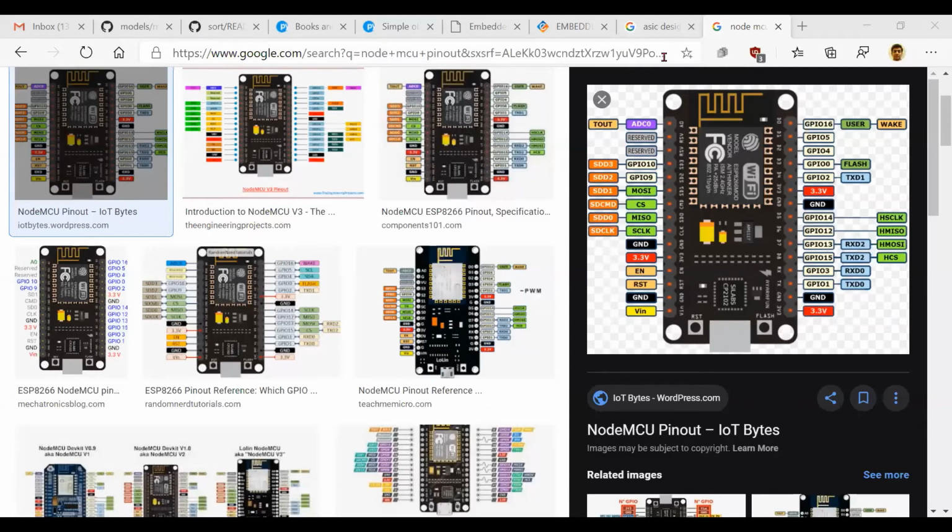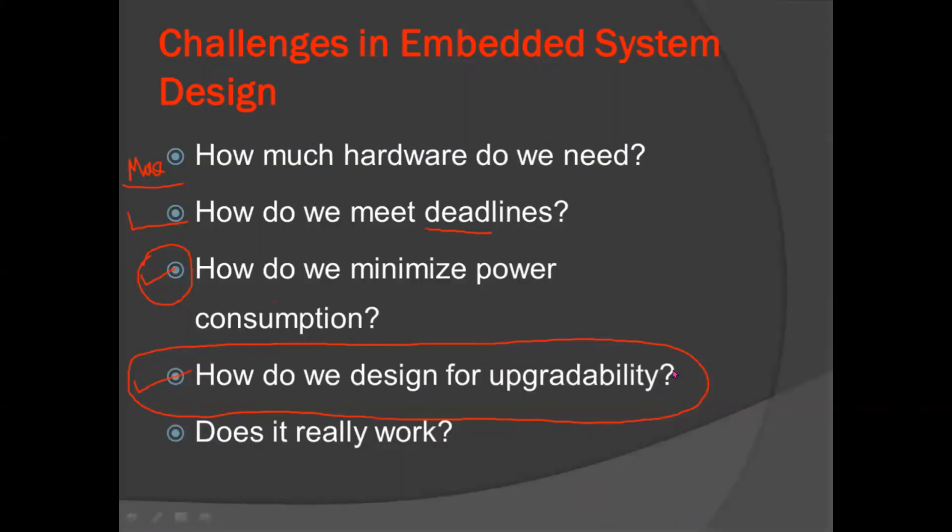I mean, we have to be very sure about the upgradation of a system. That means we are not going to upgrade it, or it will be very difficult to upgrade the analog pin of this, our data logger, right?